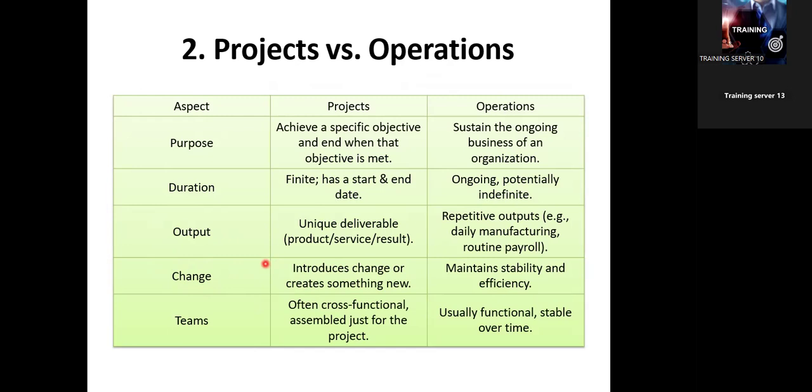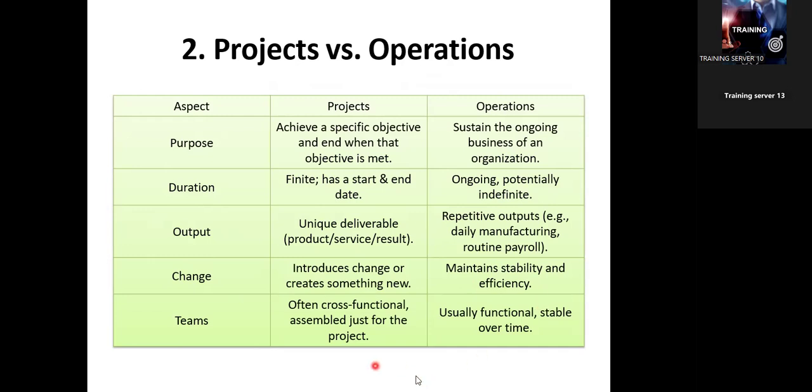So it's different, it's a special one. While here, we have to maintain stability and efficiency. So it's about operations, routine work, and other factors that will help us and support us very well.